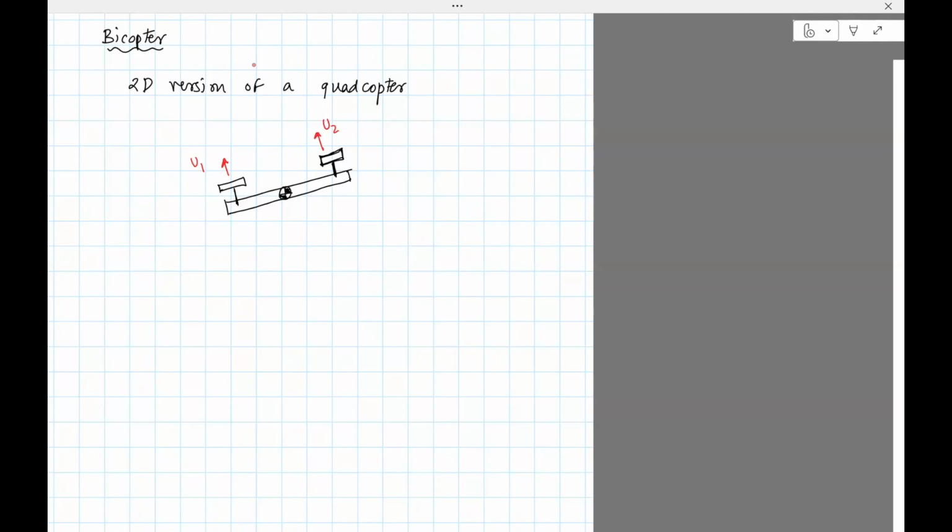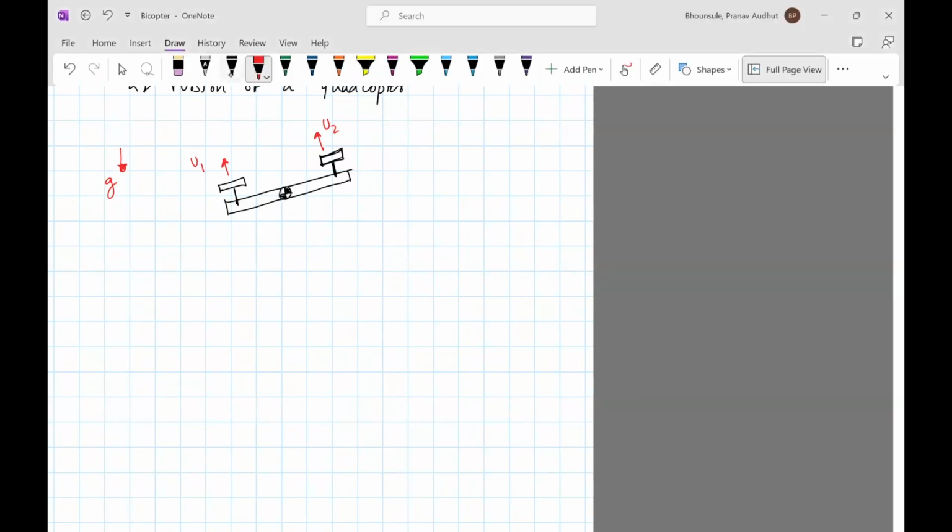You will have the thrust upward or downward. In this case, let's assume that the thrust is upwards. There is gravity, which these propellers have to fight so that the bicopter is balanced.